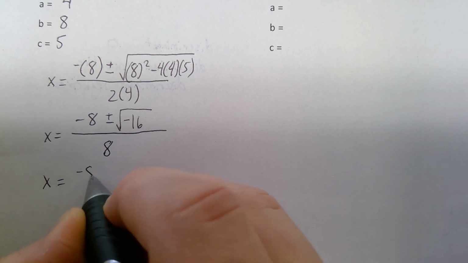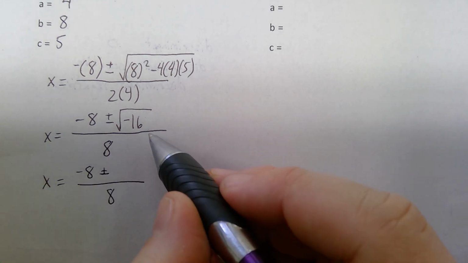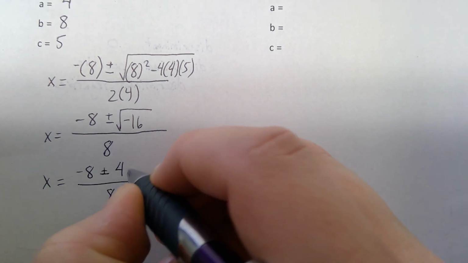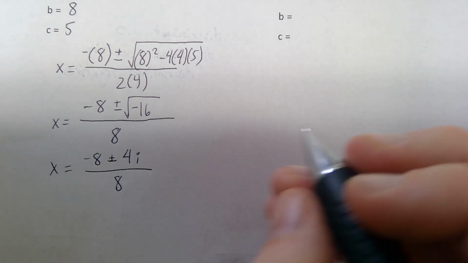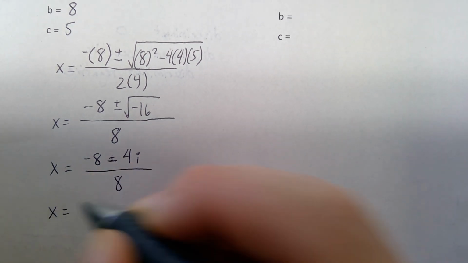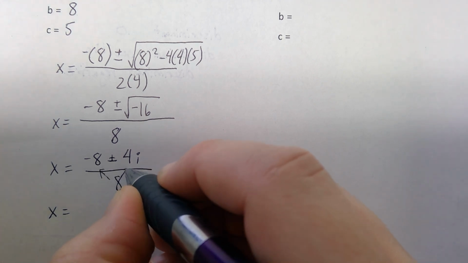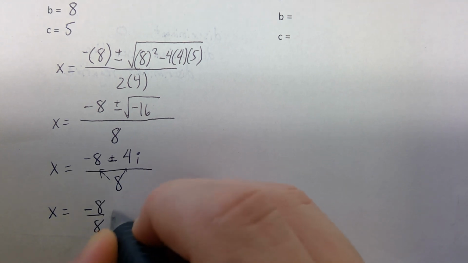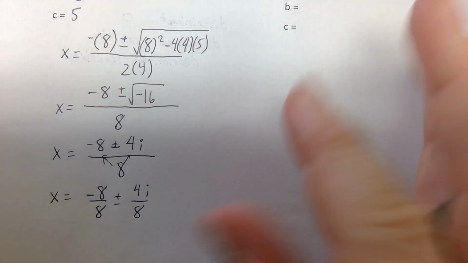X equals negative 8 plus or minus. Now I know the square root of negative 16 from the complex numbers we talked about. It's going to be 4i. Okay, and now I'm going to divide. So I have x equals, the 8 is going to go to both the negative 8 and the 4i. So I'm going to have negative 8 over 8 plus or minus 4i over 8.